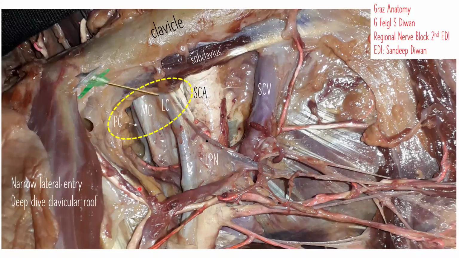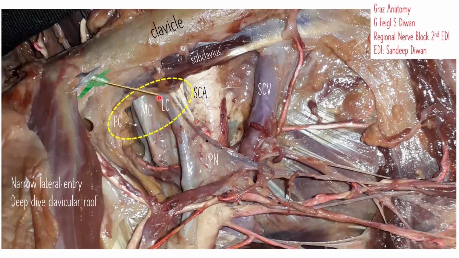So what happens here is that when you have the needle entry towards the lateral cord, you have a very narrow lateral entry. What we have seen, a wedge-shaped space with a narrow lateral entry, and you have to dive deep below the clavicle and the subclavius roof, and you will gain access to the lateral cord.